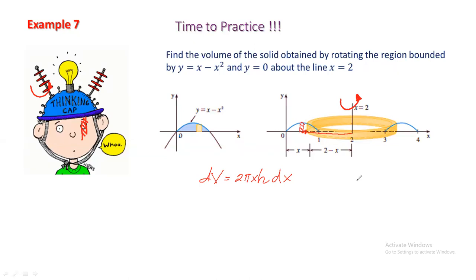What is the distance of this chosen cross-section from this line x equal to 2? That would be what? That will be our distance x. In this case, it's not a fixed x, but it's an equation or an expression because our axis of rotation is in here. What should it be?